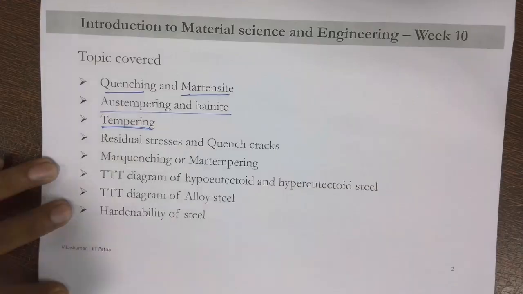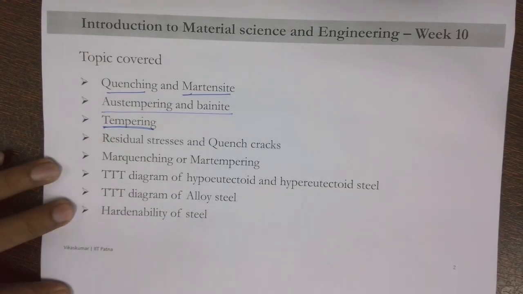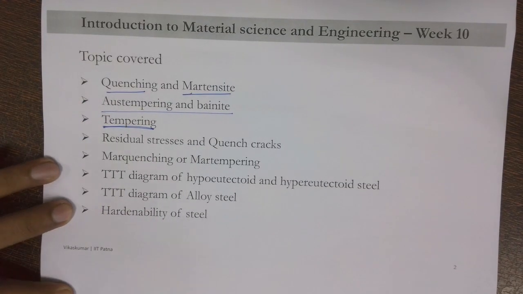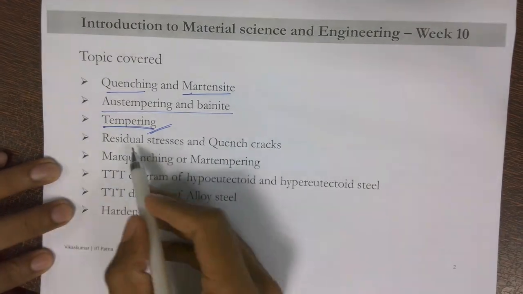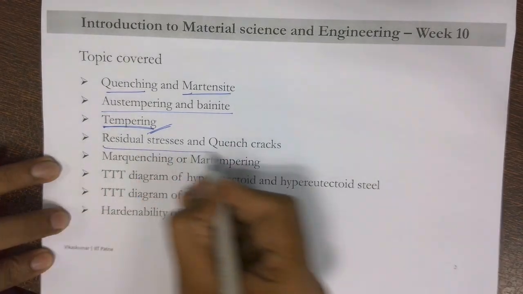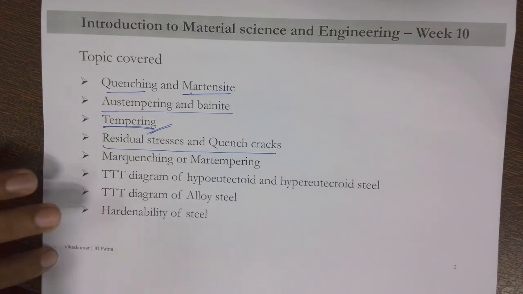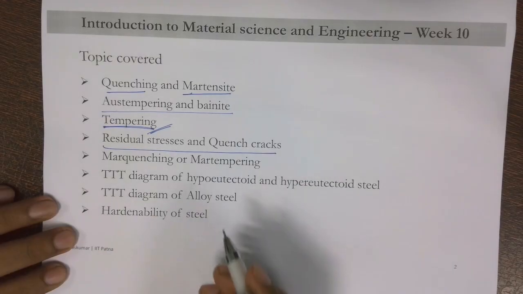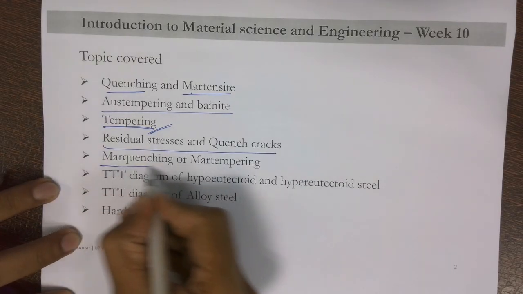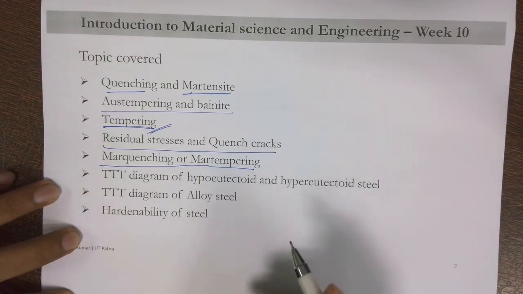Then we discussed tempering. We got martensite, but we want to reduce its hardness because it's so brittle. We want something useful, so for that we did tempering. Then we went to the residual stress part: in quenched steel, residual stress can come. Then we discussed mar-quenching, and how we can avoid those residual stresses.